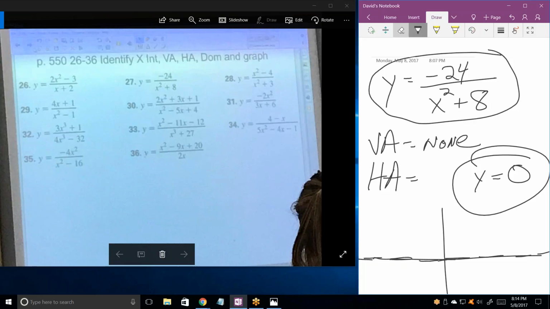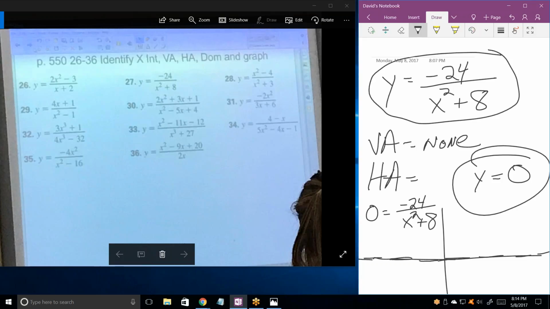So, are there any x-intercepts here? In other words, is there a way to make y 0? Can I solve this equation? No, you can't.